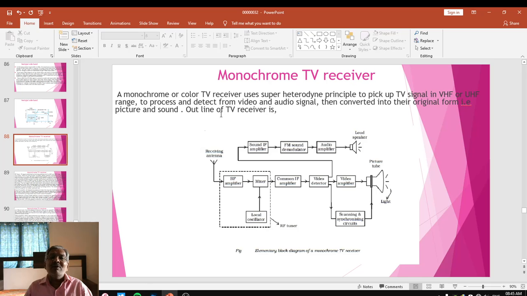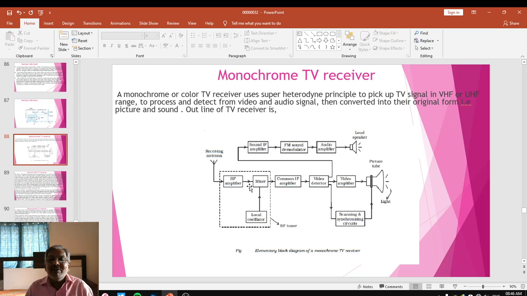Friends, the outline of the television receiver is represented in this particular block diagram, which is in front of you. If you look at this block diagram, it begins with the receiving antenna. Friends, we have studied details of the antenna in the topic of radio propagation and antenna. The output of the antenna is given to the RF amplifier.